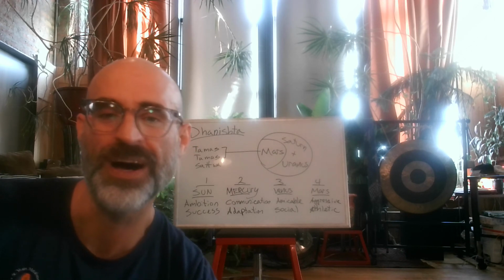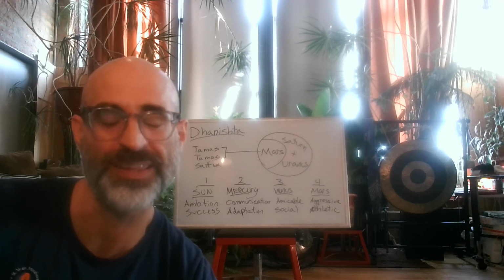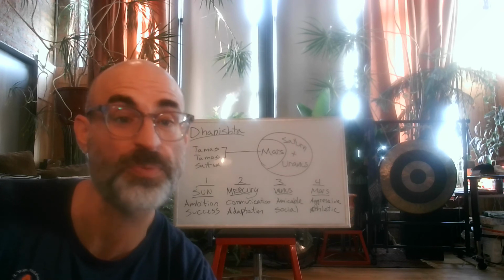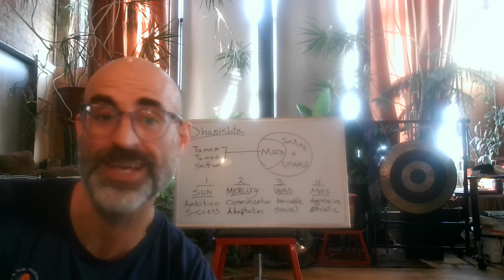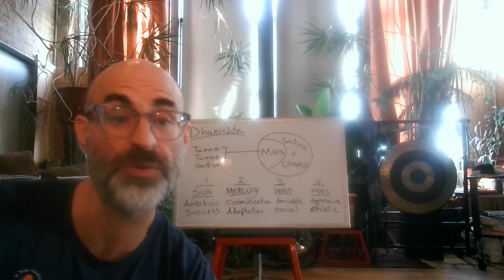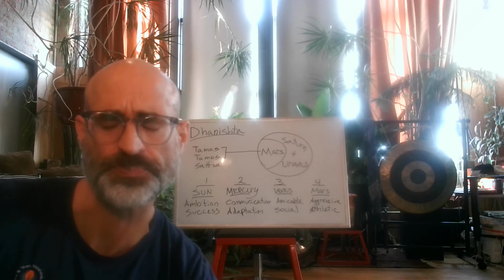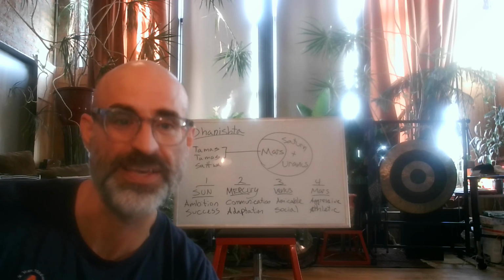But if you were born in the second pada, you are a little more adaptable than if you were born in any of the other padas. So perhaps in the second pada, you're going to be more adaptable, a little more intelligent, a little more flexible, and a little better at diplomacy, let's say, discerning, etc.